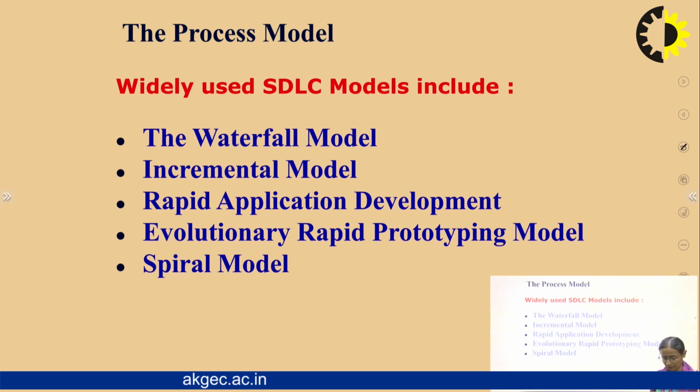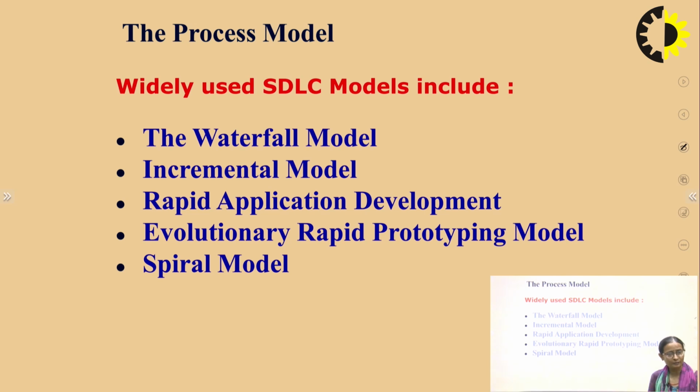So we need various models with the help of which we are going to develop the software project, and this process model is also termed as software development life cycle, because in each and every model we have different phases, and if you adopt a certain model, then you need to develop a project according to its phases only.